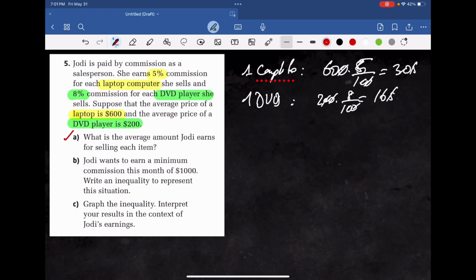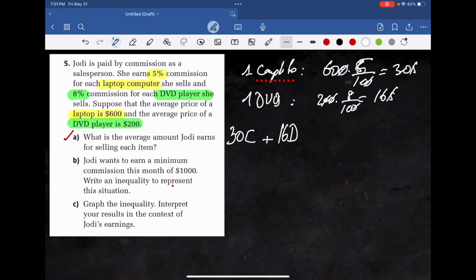This is question number 8. For question number 8, Judy wants to earn a minimum of $1,000. We'll write an inequality. If she wants to earn $1,000, she has to sell a number of computers times $30 that she will earn from each one, plus a number of DVDs times $16, the commission that she will get from each one.